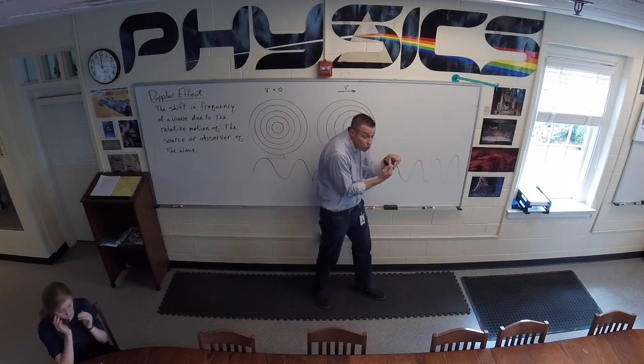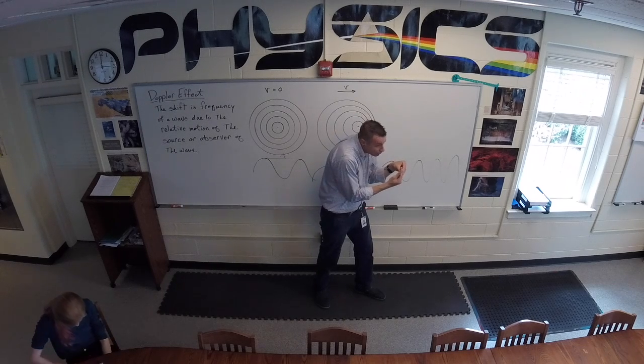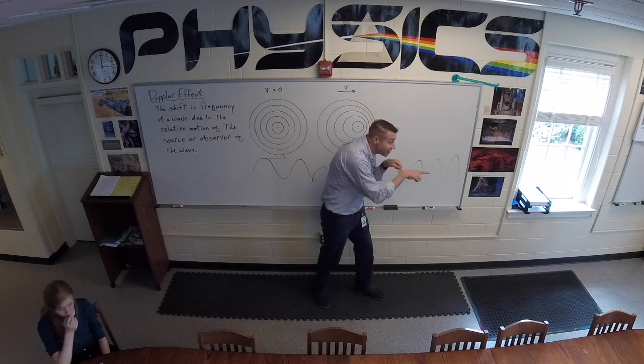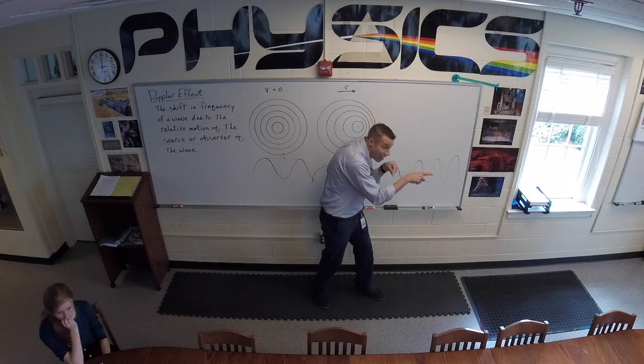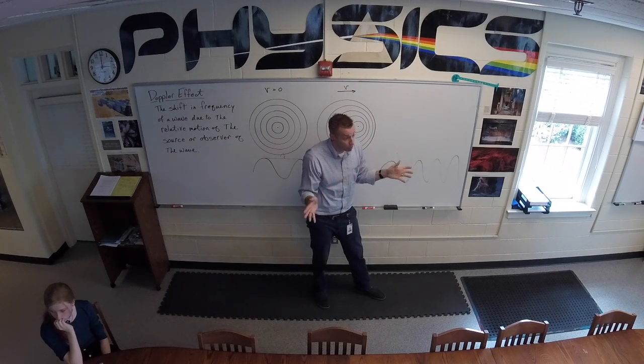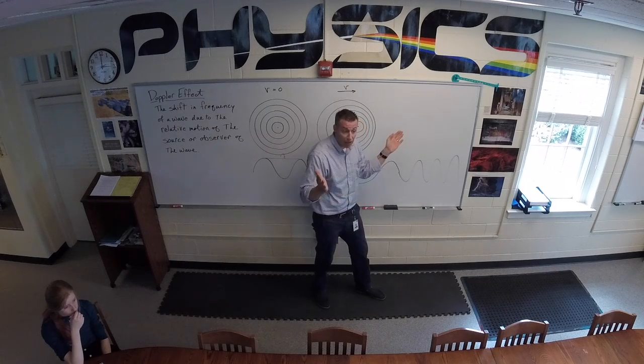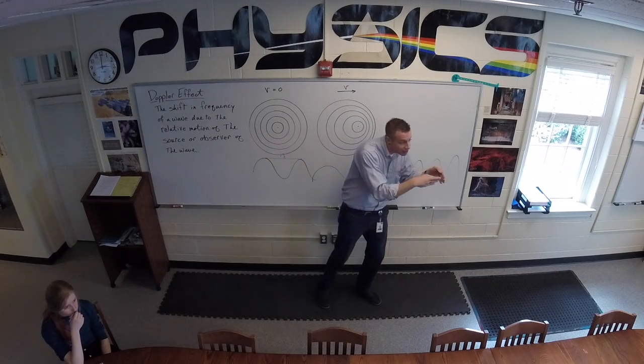Well, it creates a huge amount of pressure that piles up right on the front of the plane. When the plane gets past the wave, all of that pressure releases and you get what's called a sonic boom, right? A sonic boom is that pressure wave that is actually behind the plane.